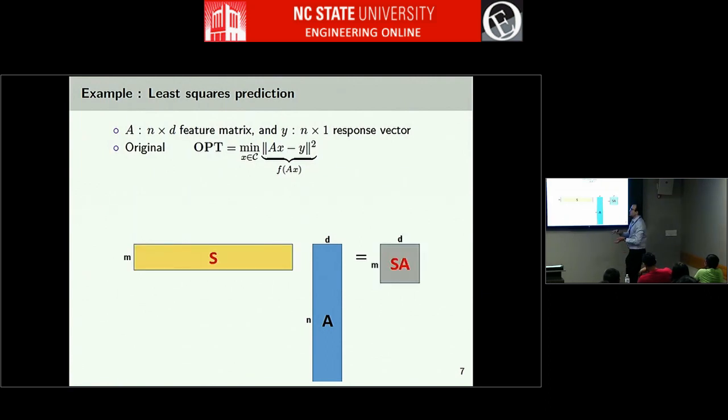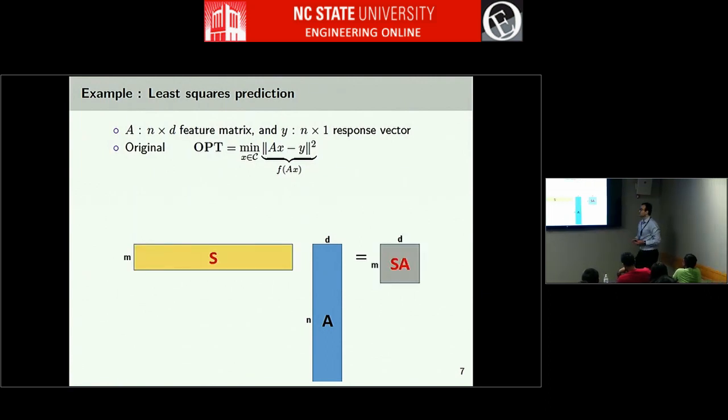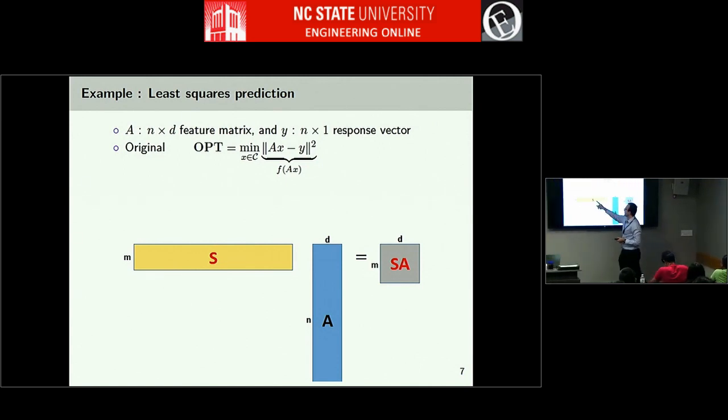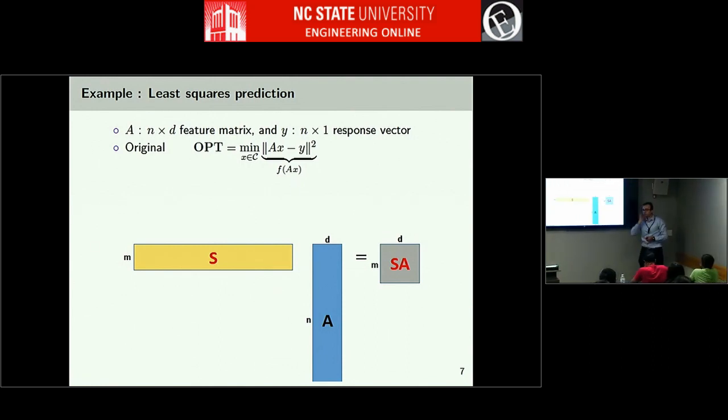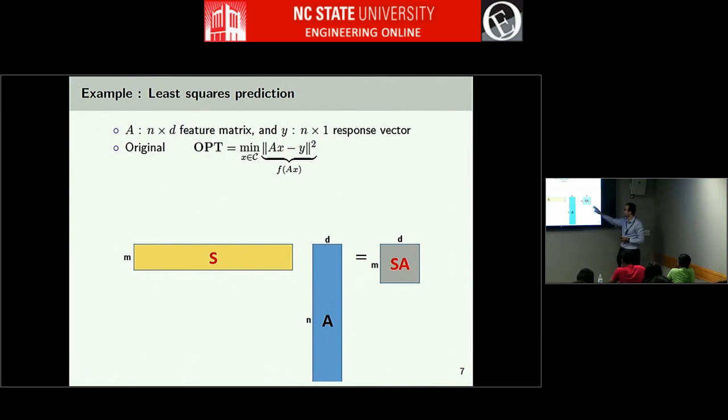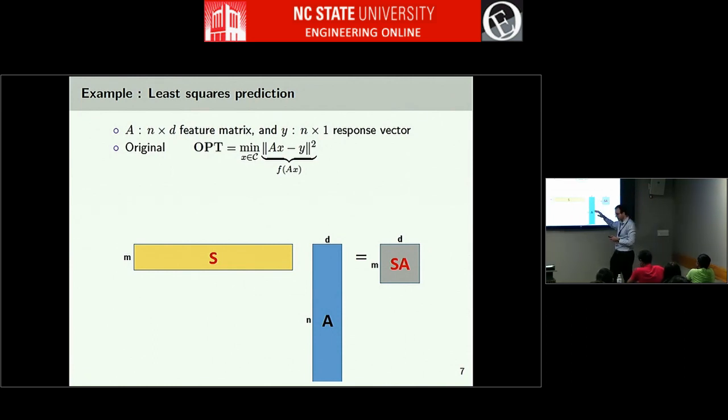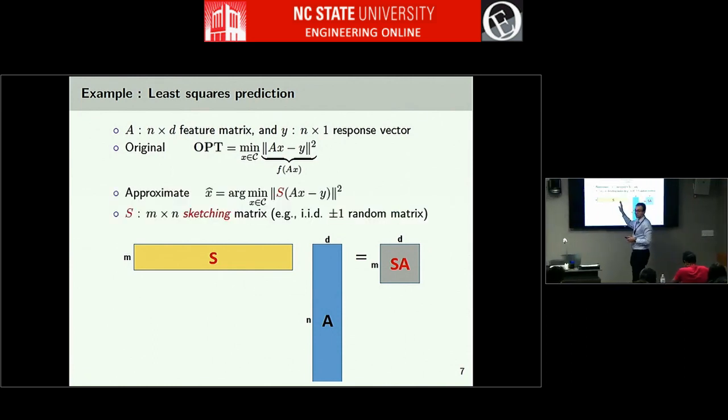So the idea of linearly combining and compressing can be written linear algebraically as a matrix multiply. So I have an S matrix. It's m by n. When I multiply, you get S times A, which is very small, m by d. Okay? In this context, S is called a sketching matrix.